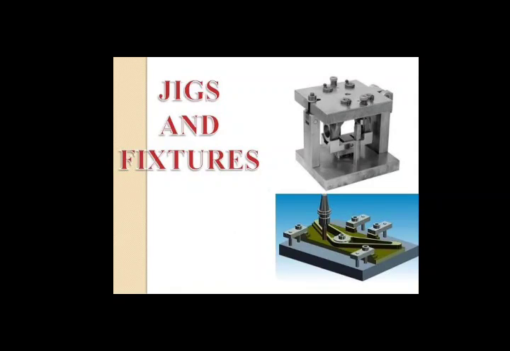We'll move forward. We'll see selection of location, supporting and clamping faces. Now let's understand how location is selected. Selection of location points and supports: a machined surface must be selected for locating and supporting, as it provides an accurate reference compared to unmachined surfaces.